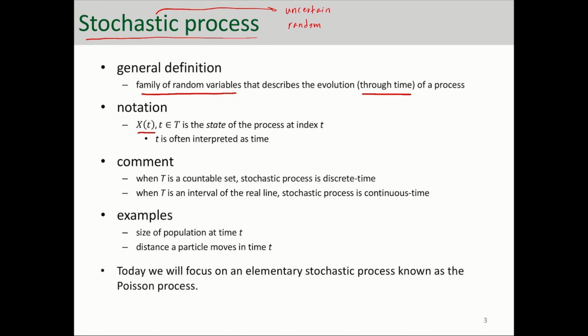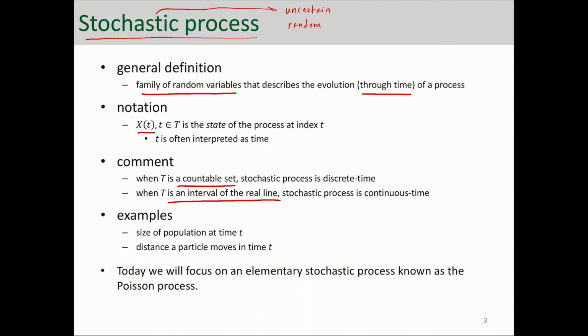This t, or time, can be a countable set where you basically discretize the time, such as years, 2013, 2014, or it can be an interval of the real line, basically continuous time. For the most part time is continuous, and we'll be dealing with the continuous time situation.